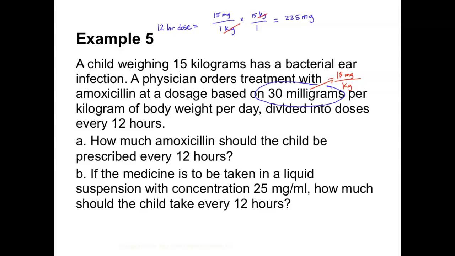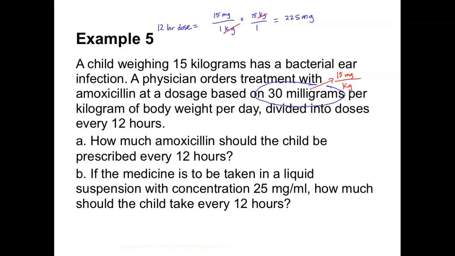All right. If the medicine is to be taken in a liquid suspension with a concentration of 25 milligrams per milliliter, how much should the child take every 12 hours? So we already know that our 12-hour dose is 225 milligrams.